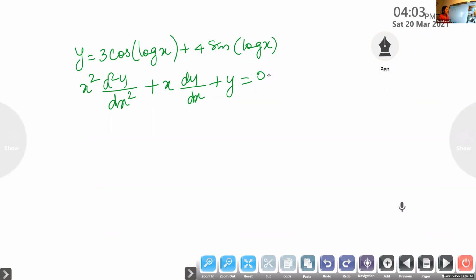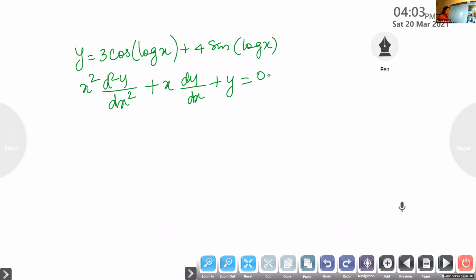Okay. So here we have to check whether y is equal to 3 into cos of log x plus 4 into sine of log x is a solution or not. What type of solution is there? Is there any arbitrary constant present here?